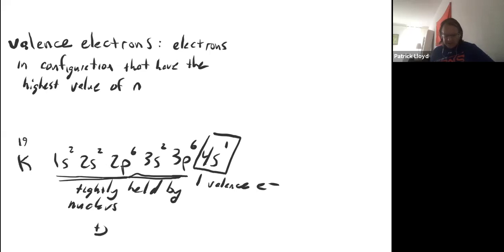It's all about positive and negative. The closer the negative is to the positive, the harder it is to remove it. So the valence shell is where all the action is. All the chemical bonding is going to be in the valence shell. Okay? Let's do another one.